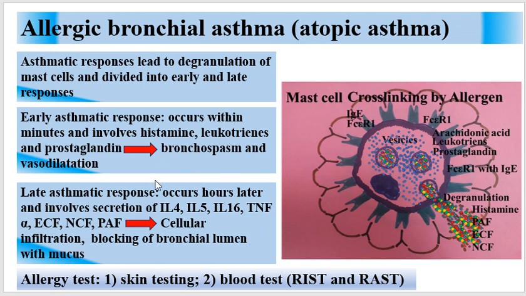The late asthmatic response occurs hours later, and it involves secretion of cytokines, for example, interleukin 4, interleukin 5, interleukin 16, tumor necrosis factor alpha, and other mediators, for example, eosinophil chemoattractant factor, platelet activating factor, and neutrophil chemoattractant factor.